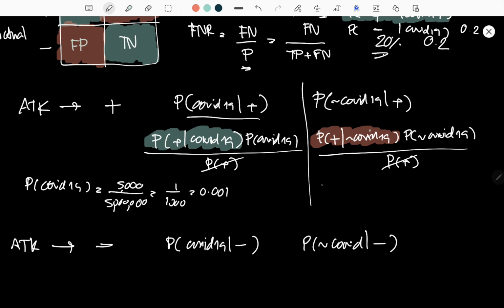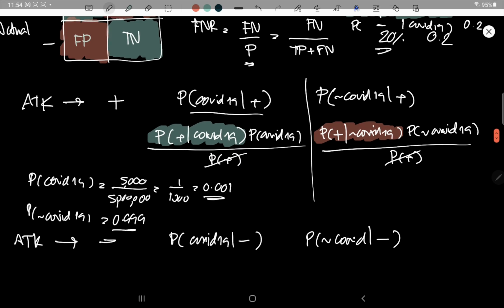And for the case that is not COVID-19, it is 0.999, right? It is 1 minus this one. So I would like to move it down a little bit.